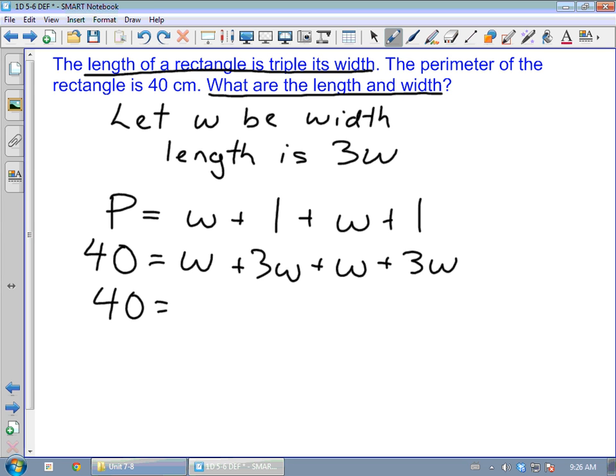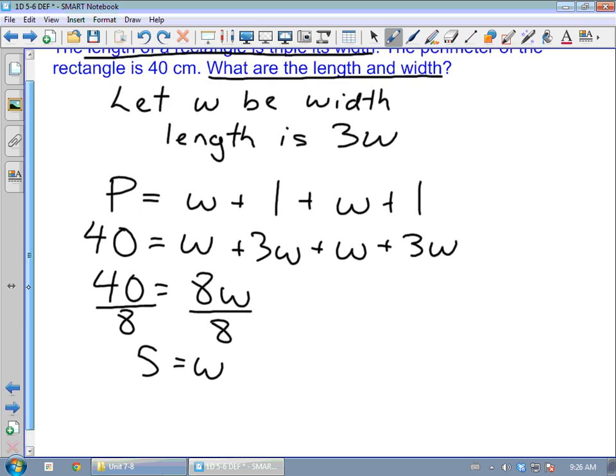So 1 plus 3 plus 1 plus 3 is going to give me 8 W's. And now it's pretty easy to solve from here. We're just going to divide both sides by 8. And we get that W equals 5.